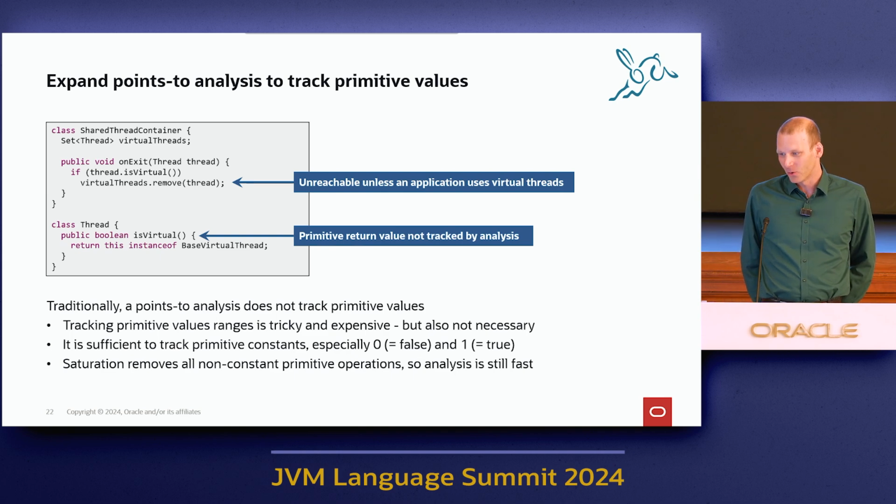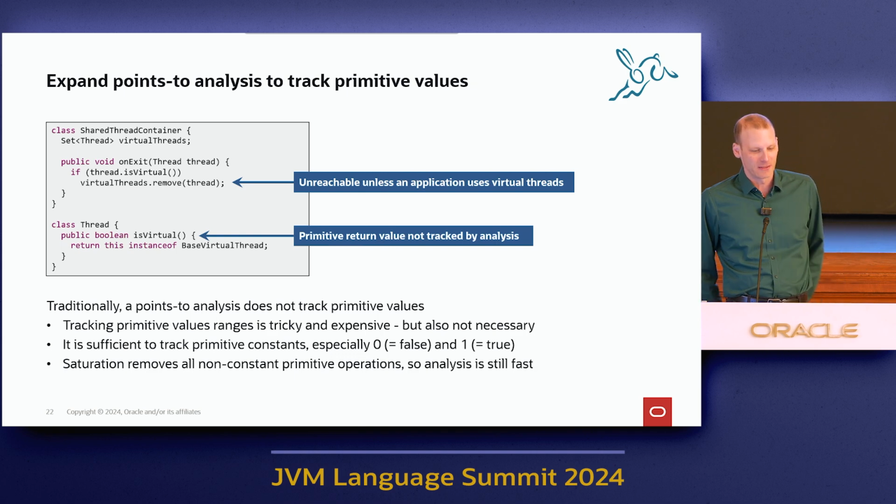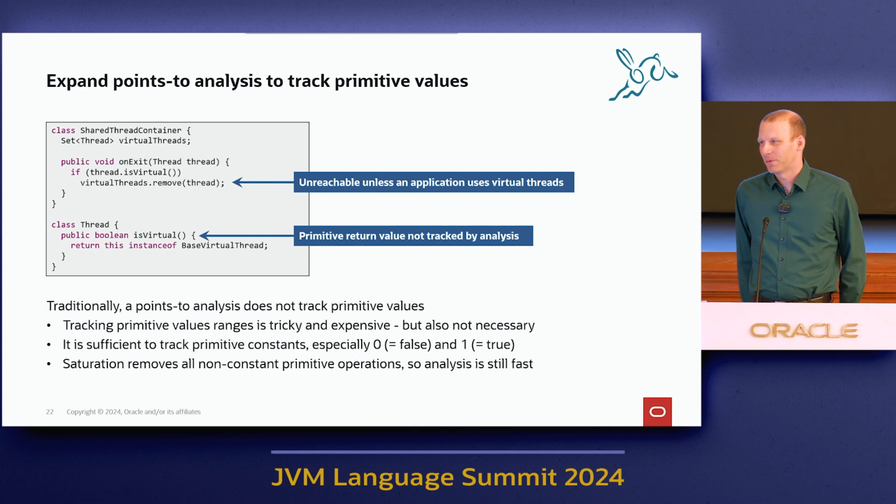And even though it's obvious to us that the body of this if block is unreachable, because my application does not use virtual threads, the analysis is not able to prove that, because there is this gap of the primitive values. But it's actually completely unnecessary to stop the analysis at primitive values.